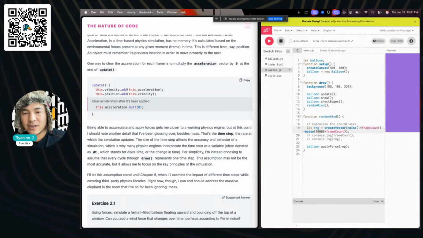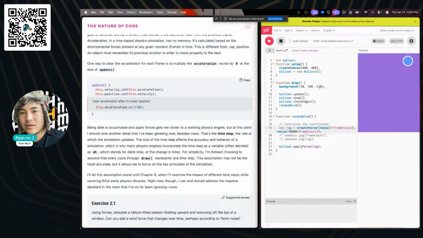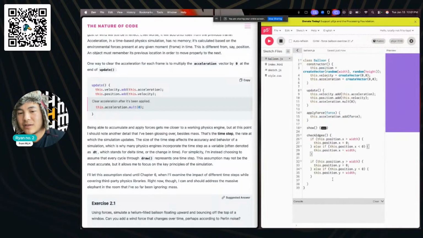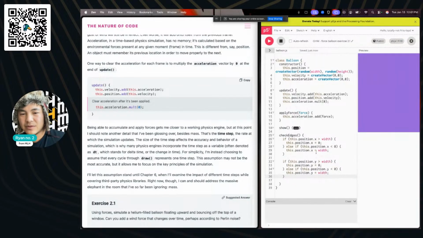That way it moves in an upward direction. Okay, so now we've got it moving in an upwards direction. Let's make it so that whenever it hits the top part of the screen, we reverse the acceleration, just for a little bit, and see what happens there.